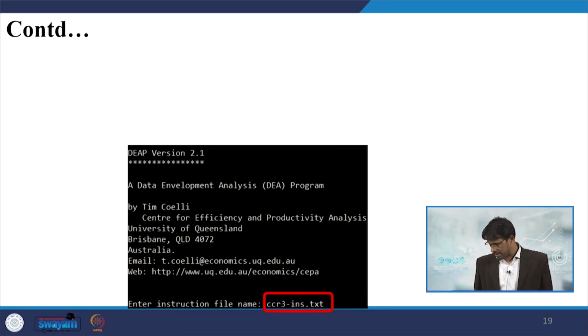In our practical example, we will be providing this document to you for your exercise as well, whenever you register for it, and you will have access to all these practical handouts. We are actually using the CCR3 instruction file, as we mentioned earlier here in our DEAP page.